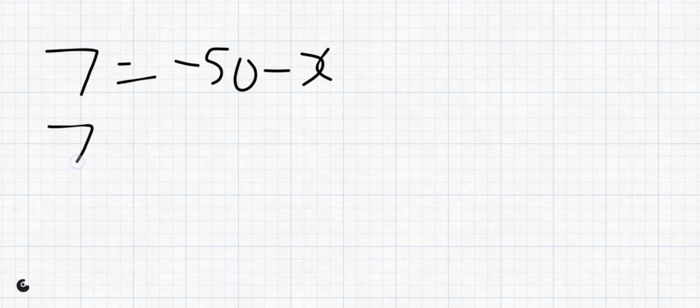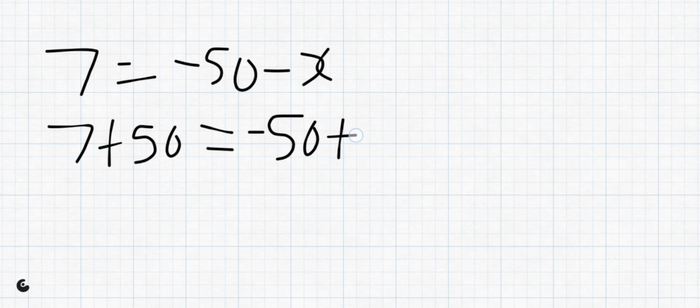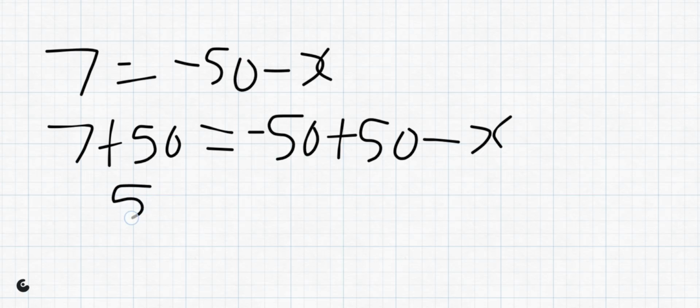Now we have 7 plus 50 is equal to minus 50 plus 50 minus x. So that 7 plus 50 is 57, is equal to minus 50 plus 50 is 0, so 0 minus x is minus x.